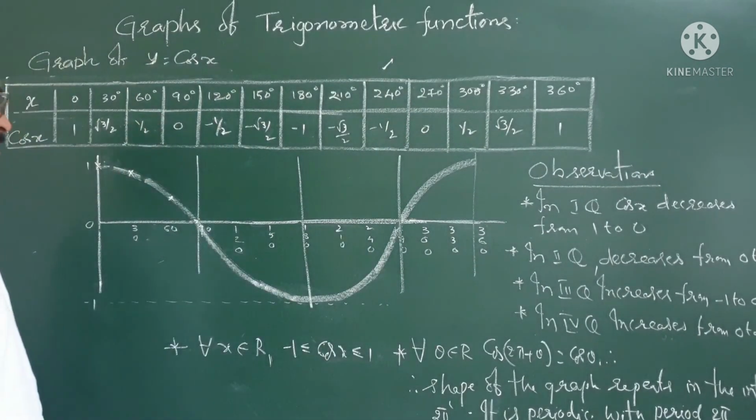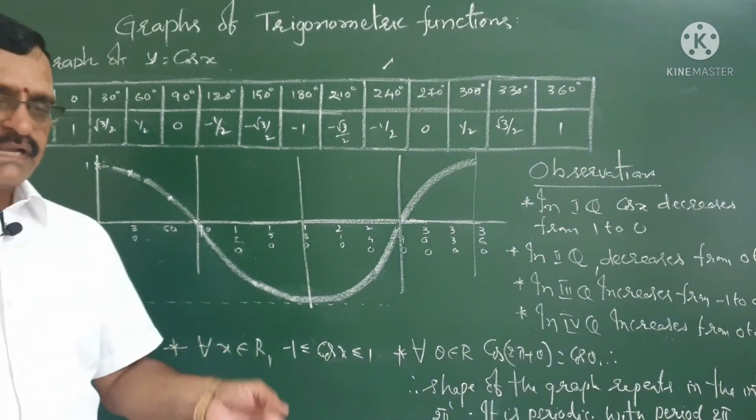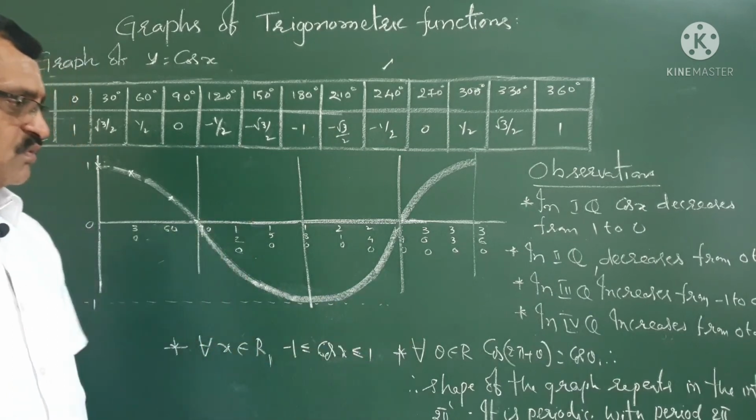So sine is a periodic function of 2 pi and cos is also a periodic function of 2 pi. Please take note.